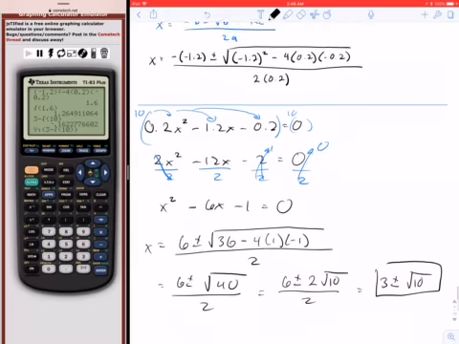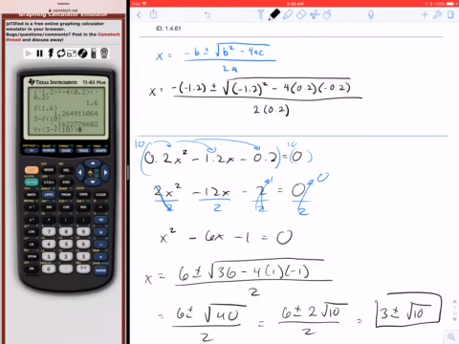We should get 0. And then we say 3 plus the square root of 10. We should get the same result. That's practically 0. That's times 10 to the negative 13, which is a really small number, practically 0. So that should be fine.